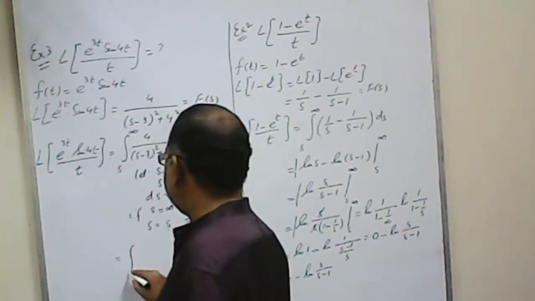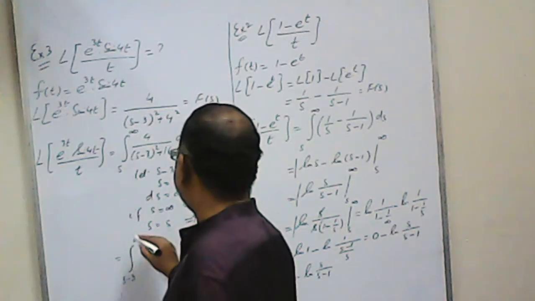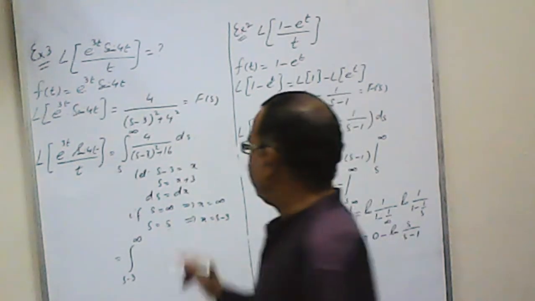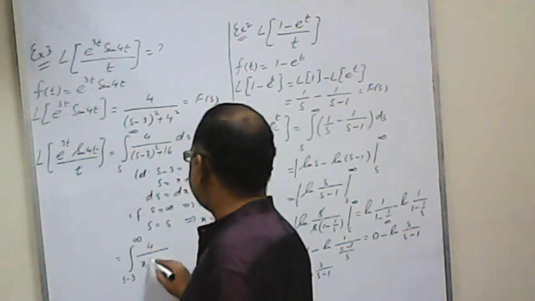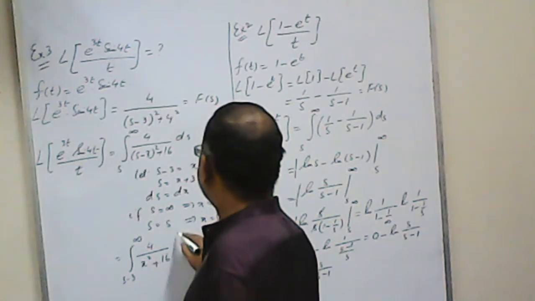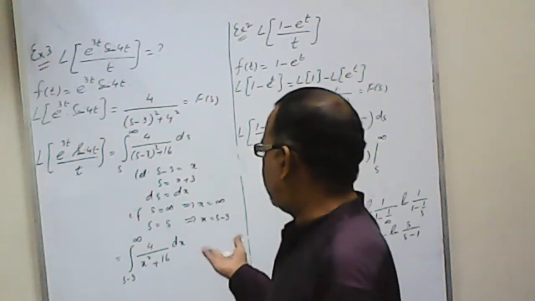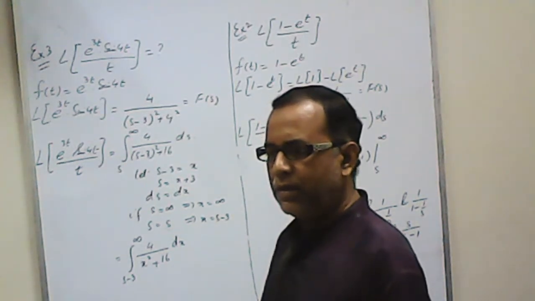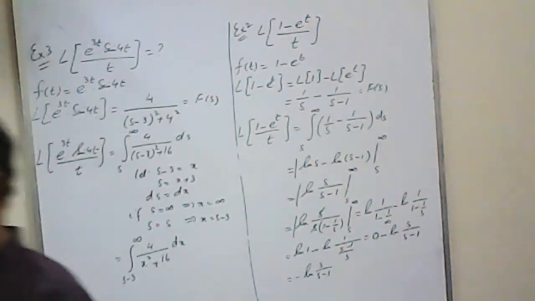So it will become s minus 3 to infinity, and then 4 upon x square plus 16 and ds is equal to dx. So now it becomes a routine question, and again it is a formula for tangent inverse.